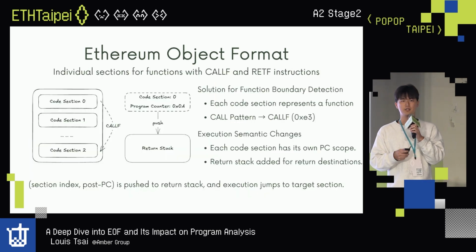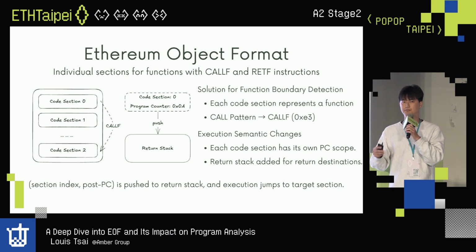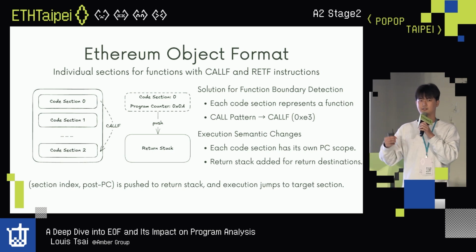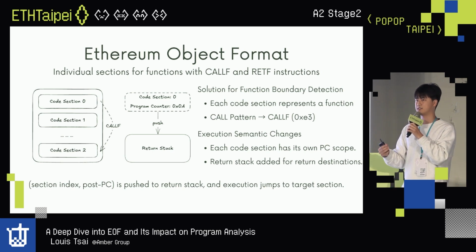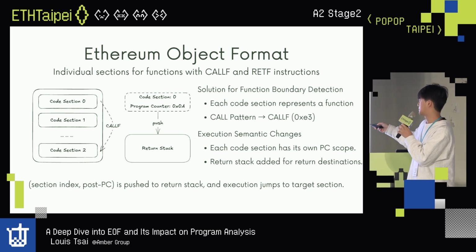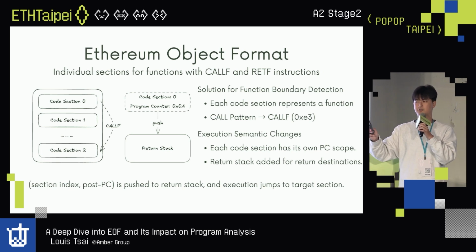All right, we have a brief introduction to Ethereum object format, but how do these changes help with program analysis? Like we have discussed before, in program analysis, the first goal for us is to decode the function boundary. In EOF, we have the code section, and each code section represents one function.